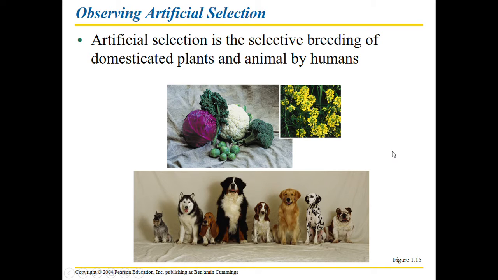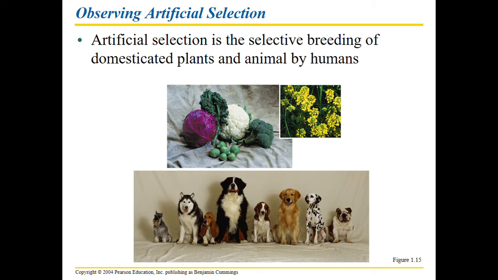So let's talk about artificial selection. So artificial selection is done by us, and it's the selective breeding of domesticated plants and animals. So here's a flower example, different veggie examples, but one example that I will talk about are these dogs. So all dogs come from the same wolf ancestor about 40,000 years ago, but we came into the picture and started breeding all the friendly dogs, basically.